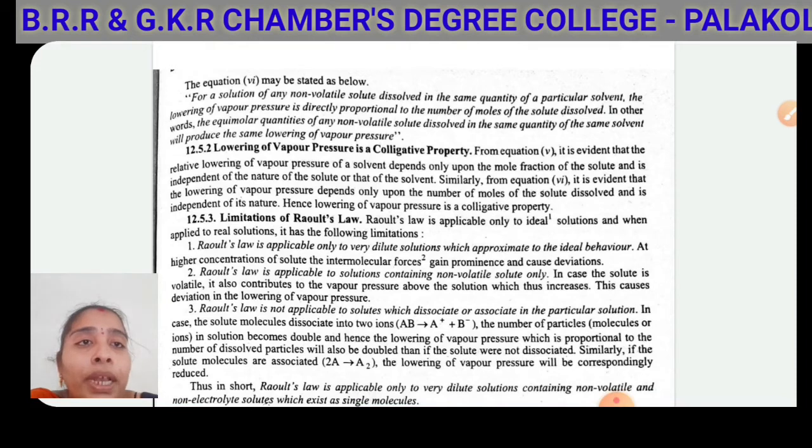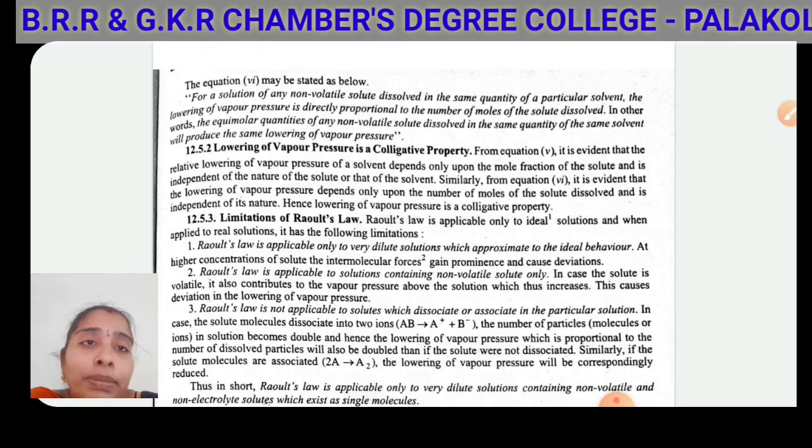Raoult's law is applicable to solutions containing non-volatile solutes only. If the solute is volatile, it also contributes to the vapor pressure above the solution, which thus increases. This causes a deviation in the lowering of vapor pressure.